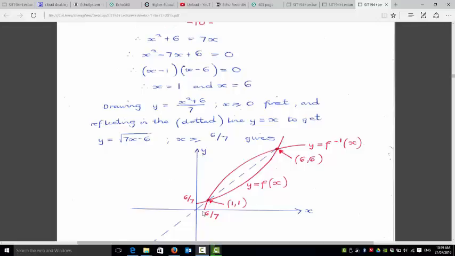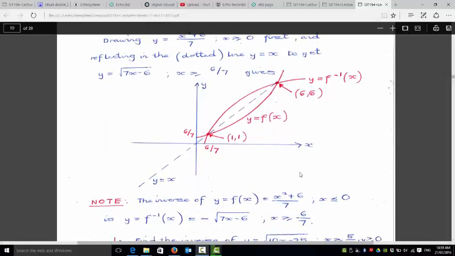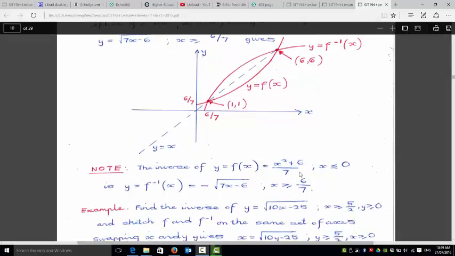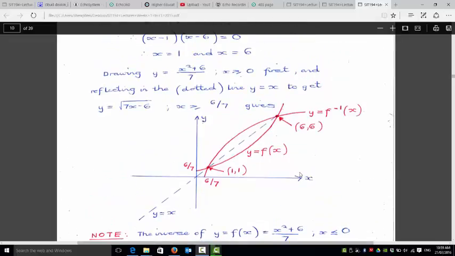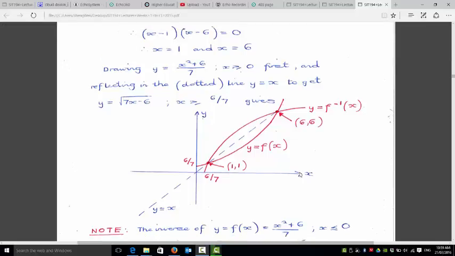When y is equal to 0, we get x equal to 6/7. We get a point here, and we can draw a line like this. And then we mirror it in the line y equals x, and then we can get the sketches of both the function and the inverse function.